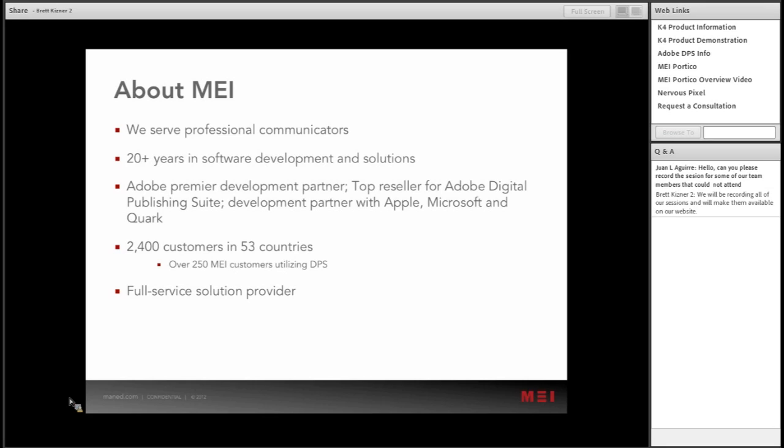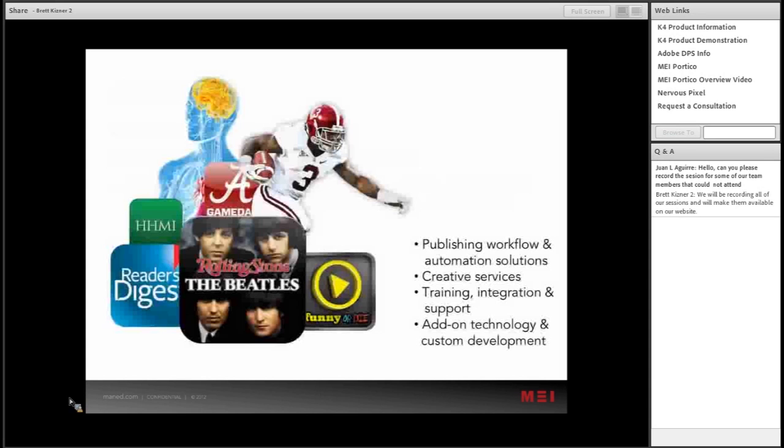So for those of you that are not familiar, you may be wondering, what is Vjoon K4? The K4 cross-media publishing platform is a workflow management solution. It's a database-driven and task-based workflow that allows any number of content creators to collaborate on projects.